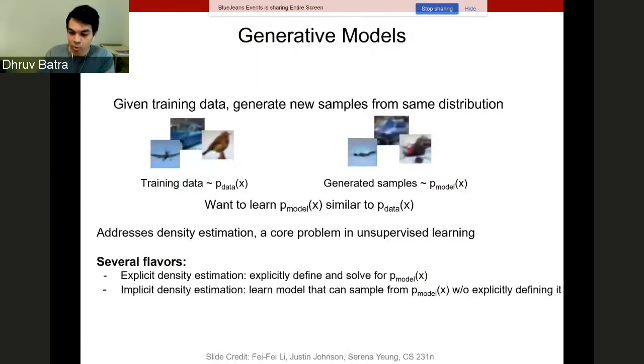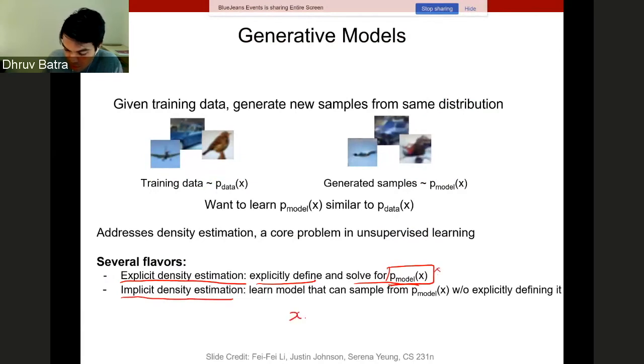So there are a couple of different flavors of generative models or density estimation. Explicit density estimation explicitly defines and solves for a P model. So if you first, as an intermediate step, learn a P model and then sample from it, that would be explicit density estimation. Implicit density estimation does not actually give you a P model.